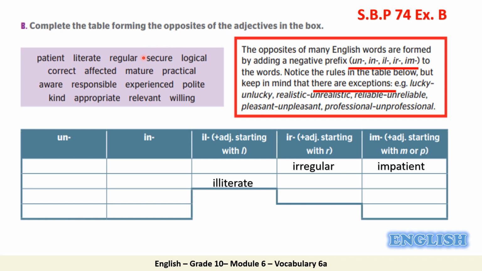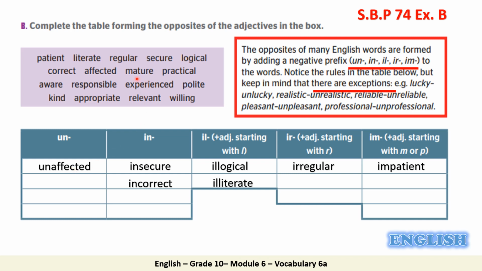What is the suitable prefix for the word secure? Yes, it's insecure. Logical starts with L, so it goes to, that's correct, illogical. Correct becomes incorrect. Affected becomes unaffected.